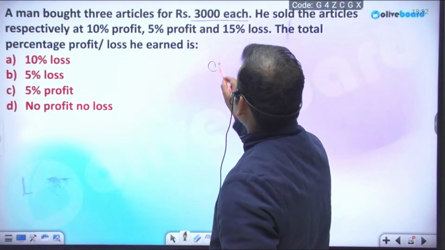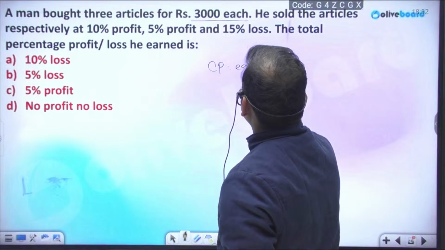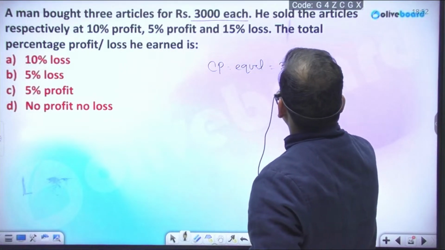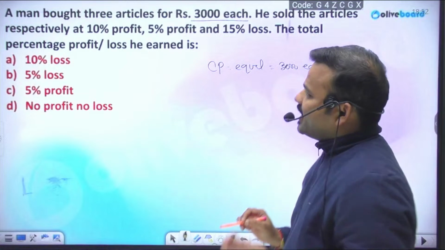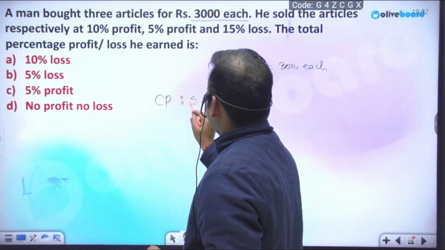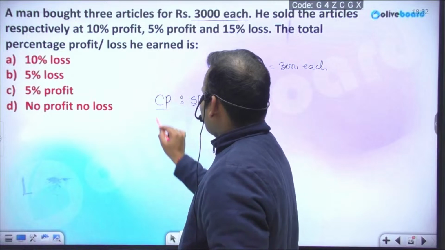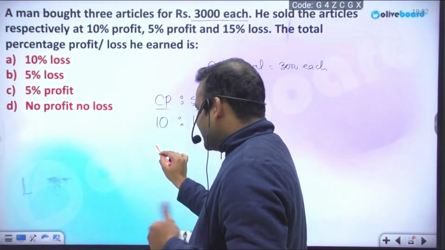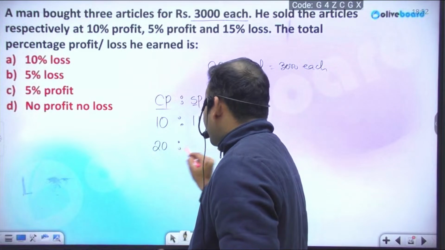Okay, so the cost price is equal, which is 3,000 each. He sold the articles at 10% profit, 5% profit and 15% loss. So this is cost price and this is selling price. 10% profit means the article of 10 being sold at 11. 5% profit means the article of 20 being sold at 21.